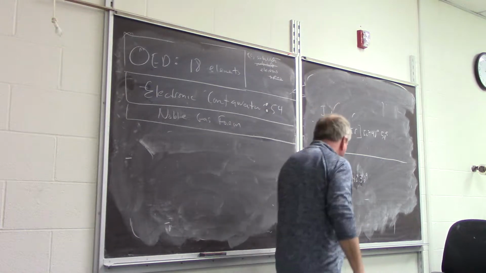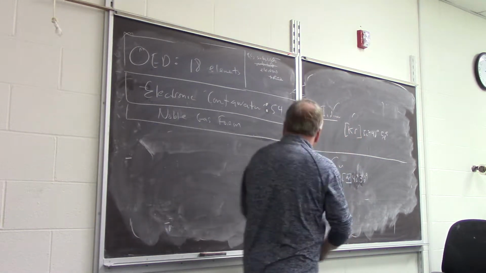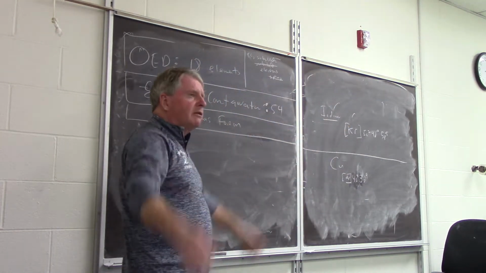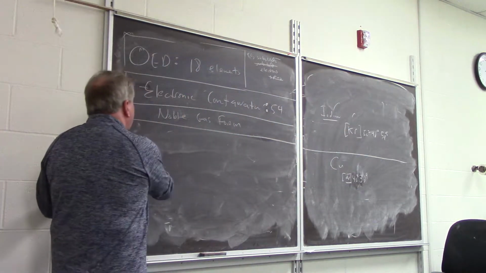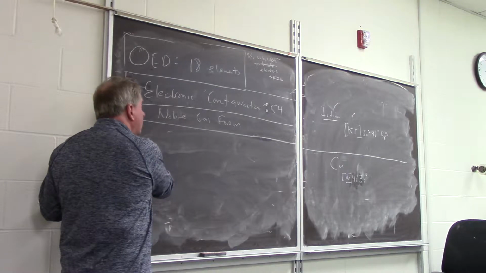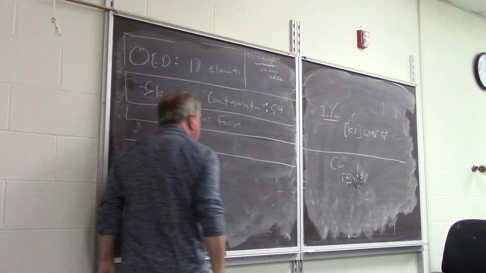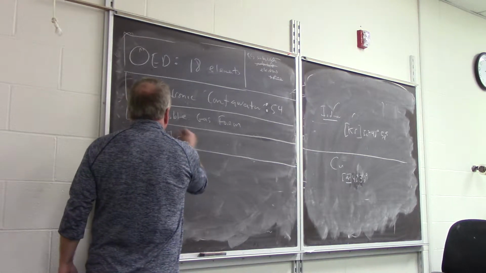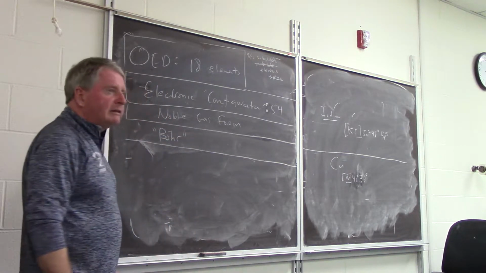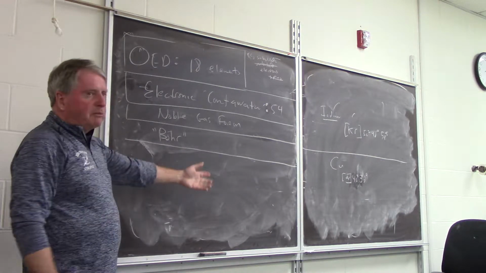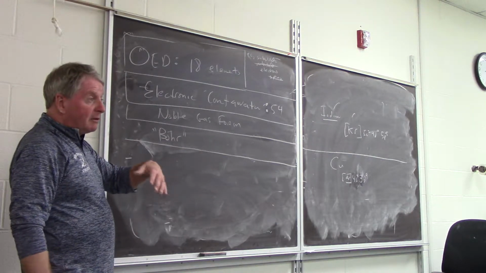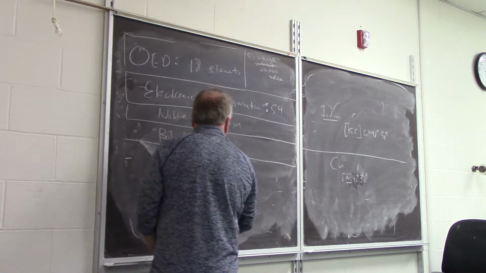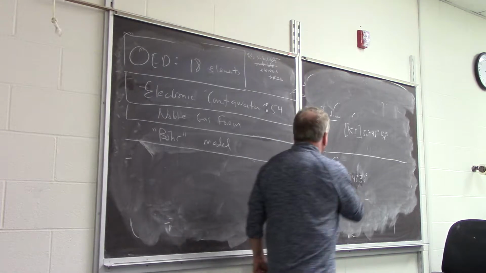Okay, two more models. The noble gas form gets rid of a lot of stuff as well. It gets rid of everything except for the last row. Now what we're going to have is what I call the "Bohr model," but it's not really the Bohr model. It kind of looks like it, so I'm putting it in quotations. If you look up in your book and it says Bohr model, that's not this.